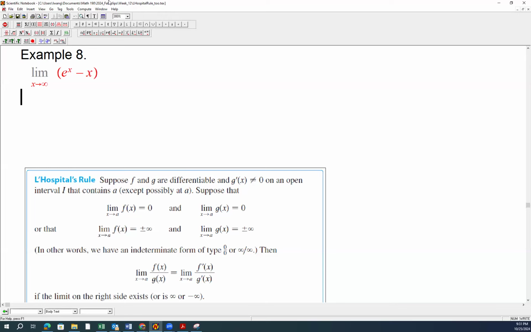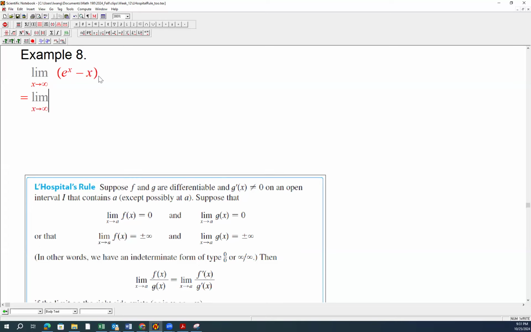So in this case, what we do is that we're going to factor it out. First of all, limit law does not apply. L'Hopital rule does not apply. We're going to factor out x. Okay?